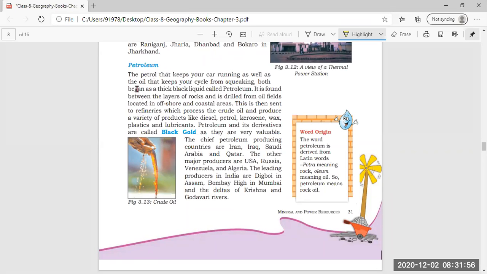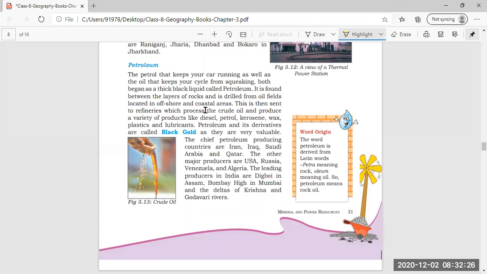Squealing means making a sound or noise. If greasing and oiling is done, then that noise is not coming out from your cycle. So petroleum is used in this form.